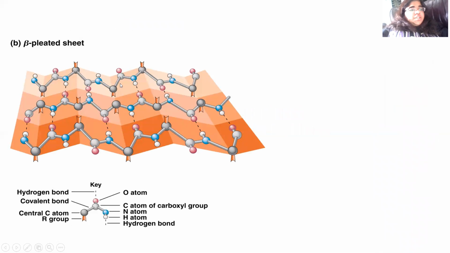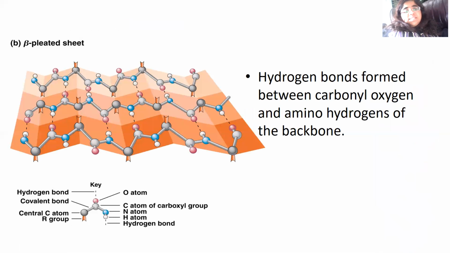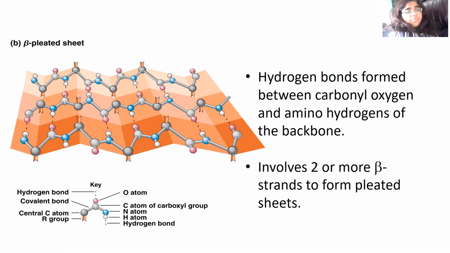Same thing over here, just in a different shape, okay? So hydrogen bonds form between the carbonyl oxygens and amino hydrogens of the backbone. And it involves 2 or more beta strands to form pleated sheets. So these are one alone. If you have multiple of those, then you end up with a sheet, okay?